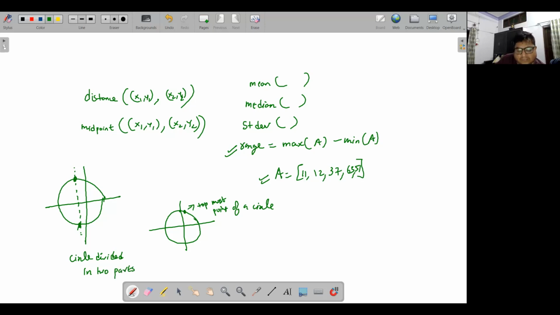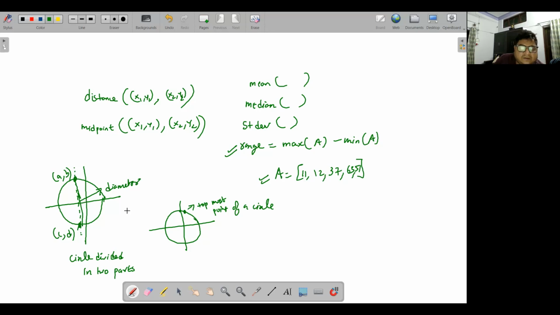Two equal parts. So here you can see, if you got this type of information, let's say this is A comma B and this point is C comma D. If you make a line, that line will be called what? We can call it the diameter.